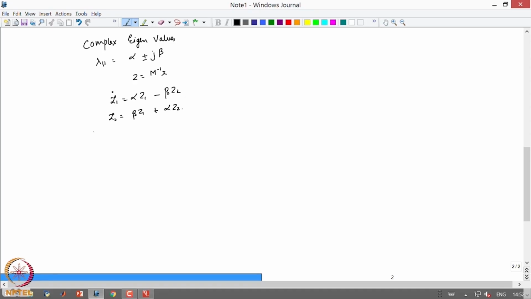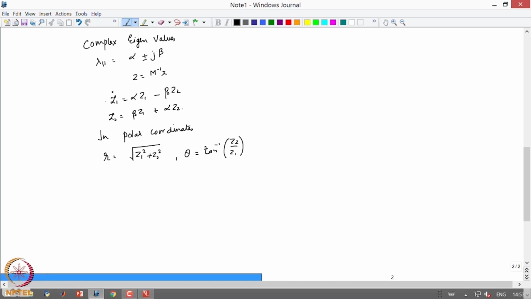So I just do a little change of coordinates, say change to polar coordinates. What do I have in polar coordinates? r is the square root of z1 square plus z2 square, and the angle theta is the tan inverse of z2 over z1.